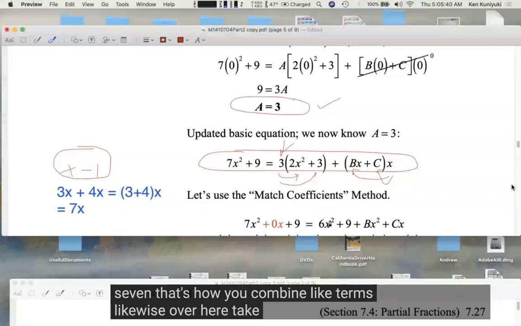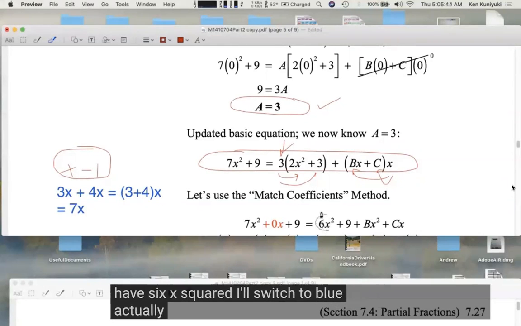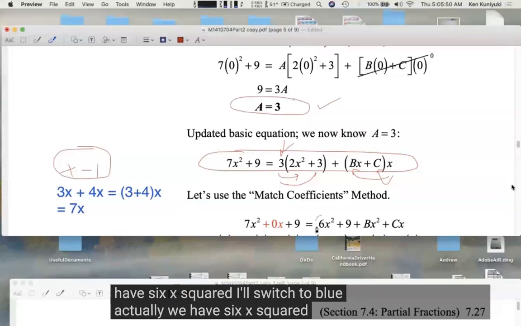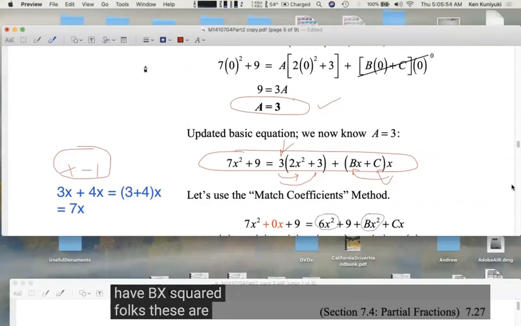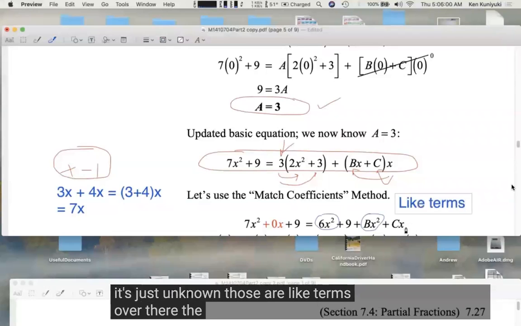Likewise, over here, take a look. We have 6x squared, and we have bx squared. Folks, these are like terms. b is a real number. It's just unknown. Those are like terms over there, the 6x squared and the bx squared.